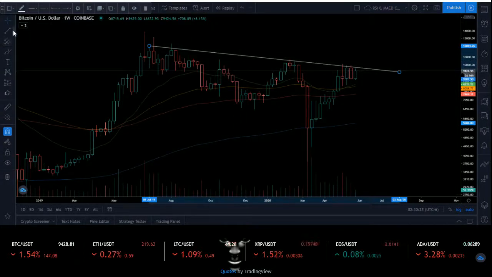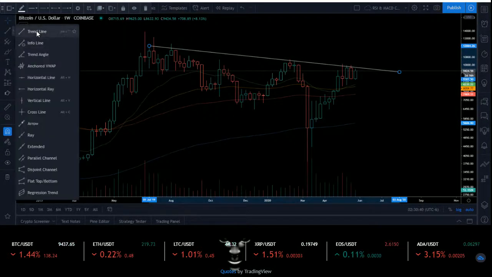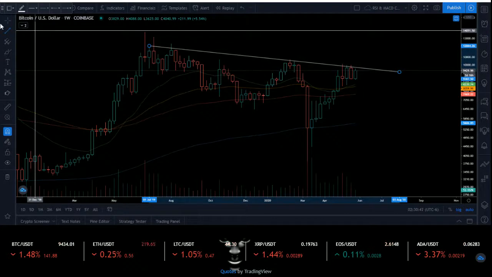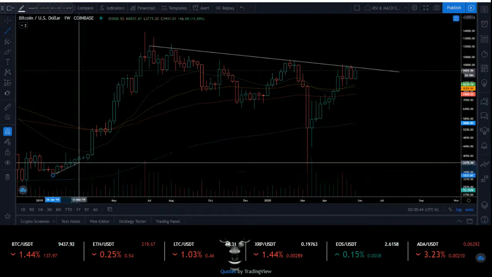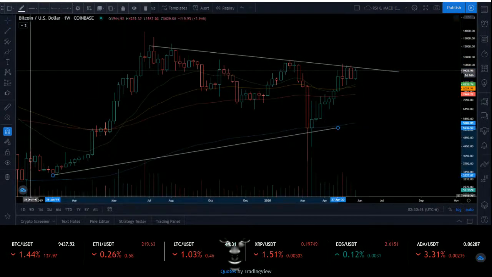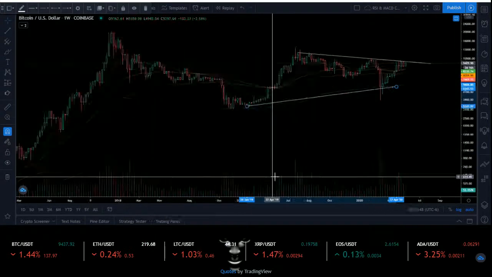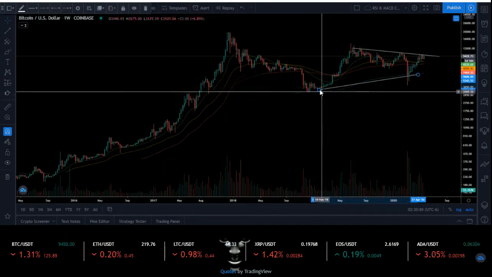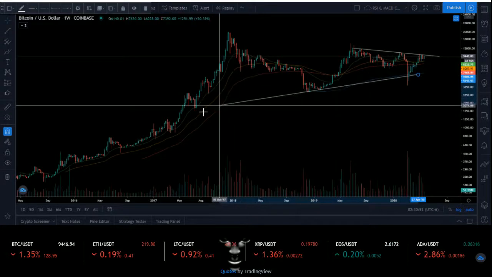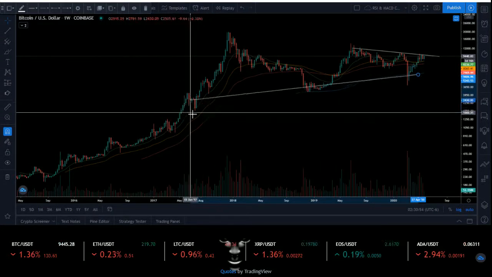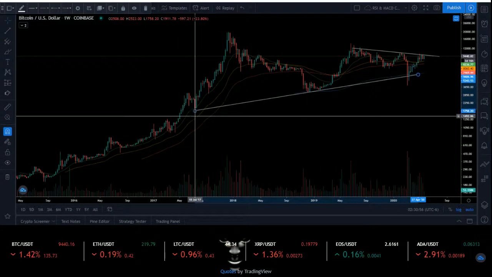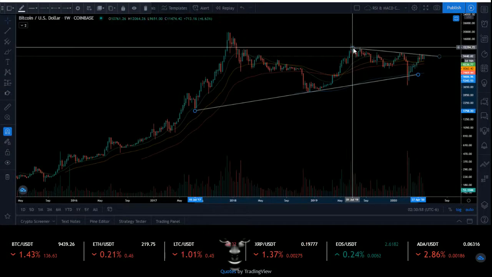And for the support, this is our trend on the support. Let's zoom out. All you have to do is expand that area and draw a trend line like that.